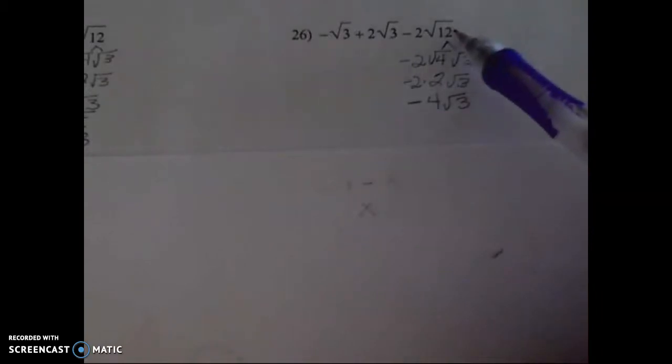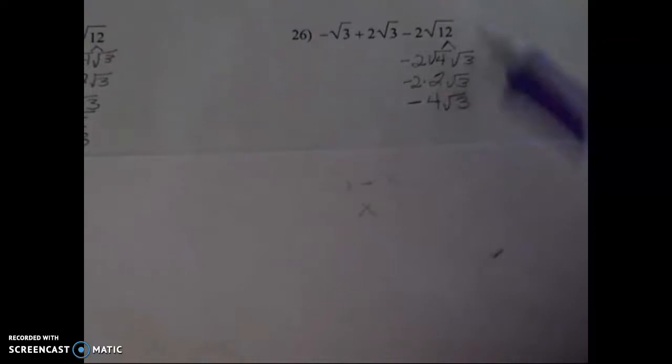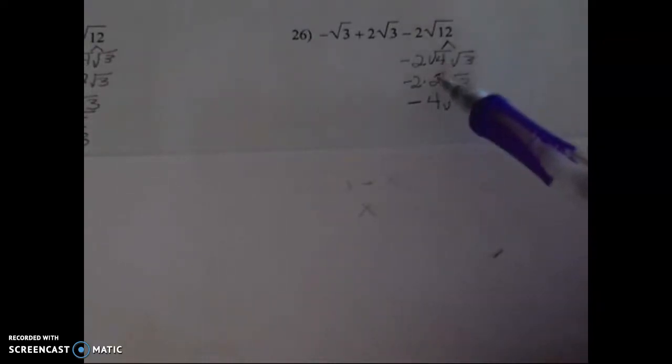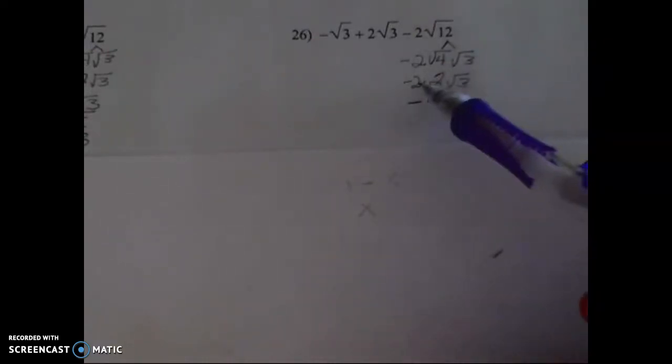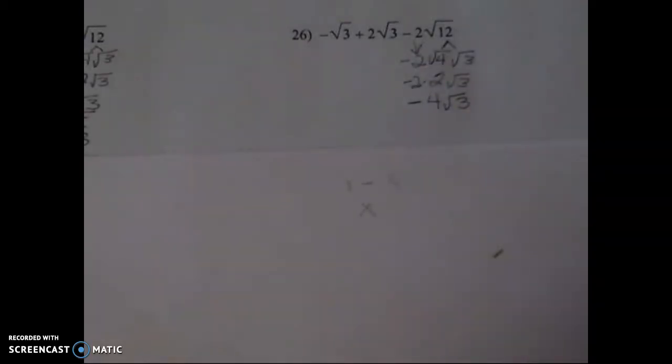So negative 2 root 12 simplifies to be negative 4 root 3. Please, please, please, when you take something out of the radical, don't forget to bring this coefficient down. If you don't bring that down, then you're going to get the whole thing wrong. Don't be that guy that makes mistakes.